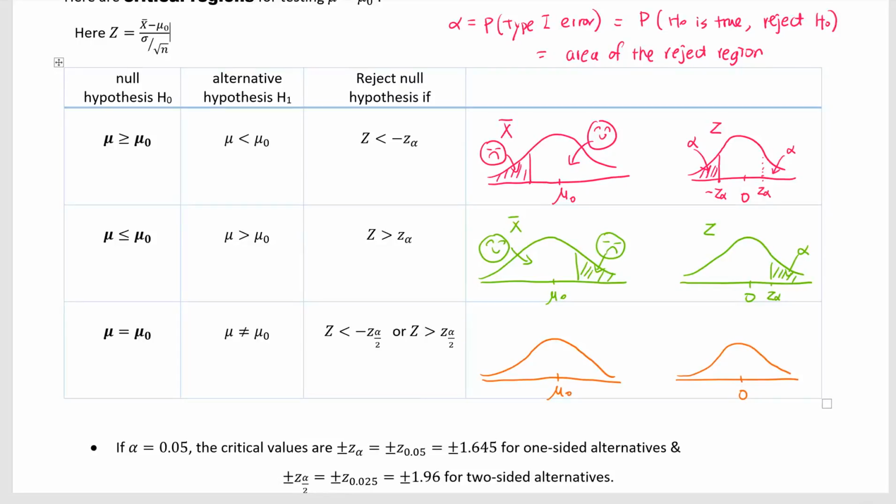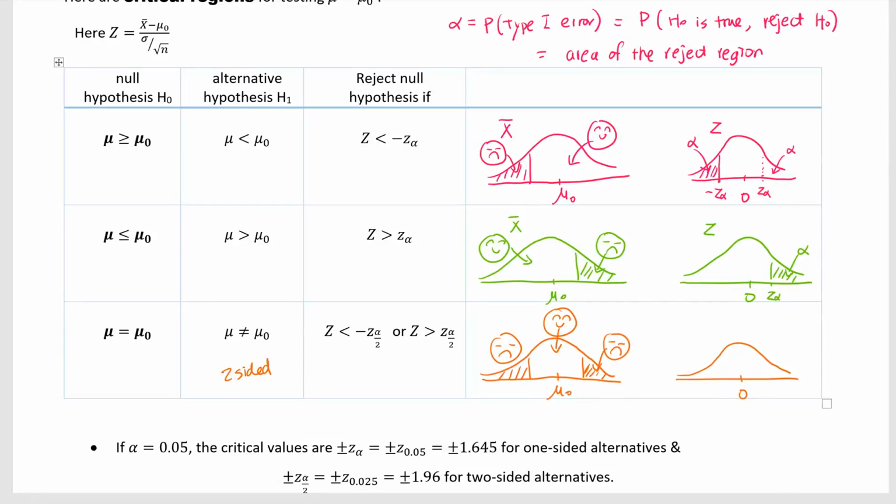Then we have a two-sided alternative hypothesis. It has to be mu 0. If it's not mu 0, I'm not happy. So I'm not happy here and here. I'm only happy when we're right in the middle.